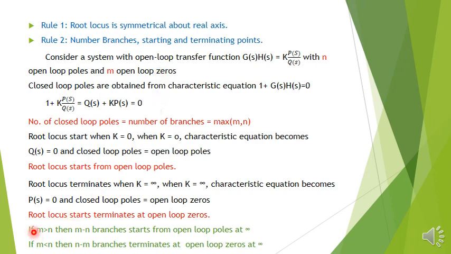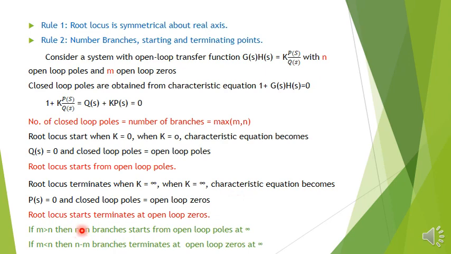So if m is greater than n, that is, open loop zeros are greater than open loop poles, then the total number of branches is m, out of which n start from open loop poles. What about the other branches, where will they start?